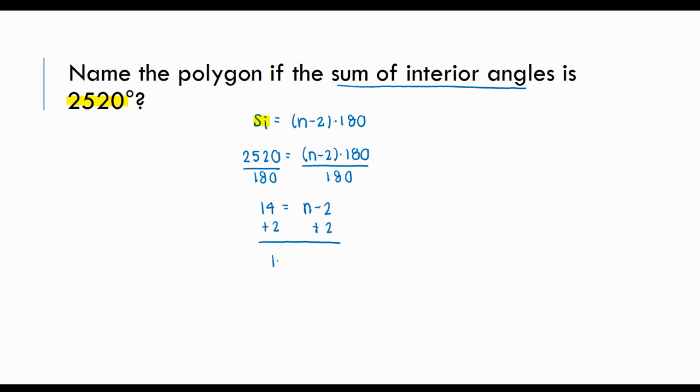Well, 14 plus 2 is 16. That is how many sides we have. Once again, the question says to name the polygon. 16 is the number of sides. Because this is not going to be a particular vocab, we would just say 16-gon. And there is my polygon.